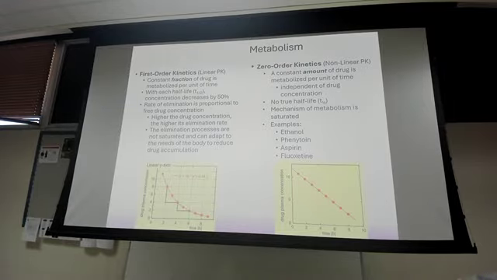I don't think I'll touch on this ever again whenever I'm teaching you, to be honest with you. So just kind of skim over this and understand that these are ways that your systems can become saturated and you can have a greater response than what you were intended to have with your medication, okay? Based on if it's doing first order or zero order kinetics.